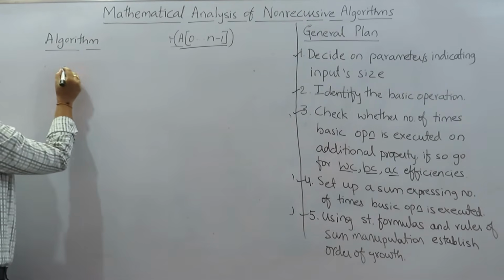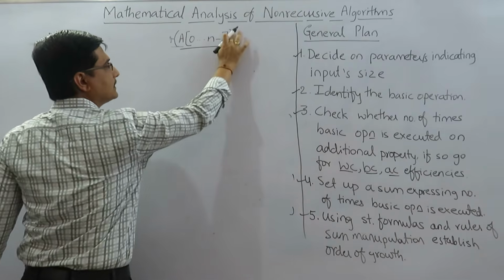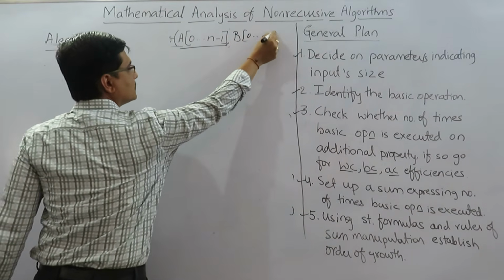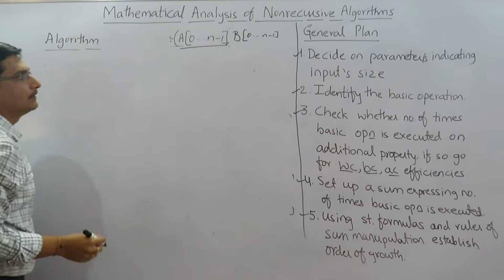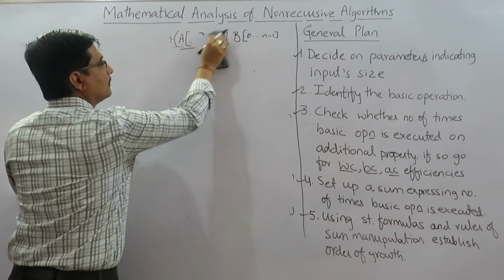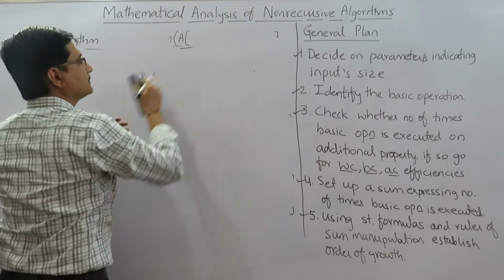Matrix multiplication will have two inputs, with indices 0 to n minus 1, assume this. There will be two matrices.